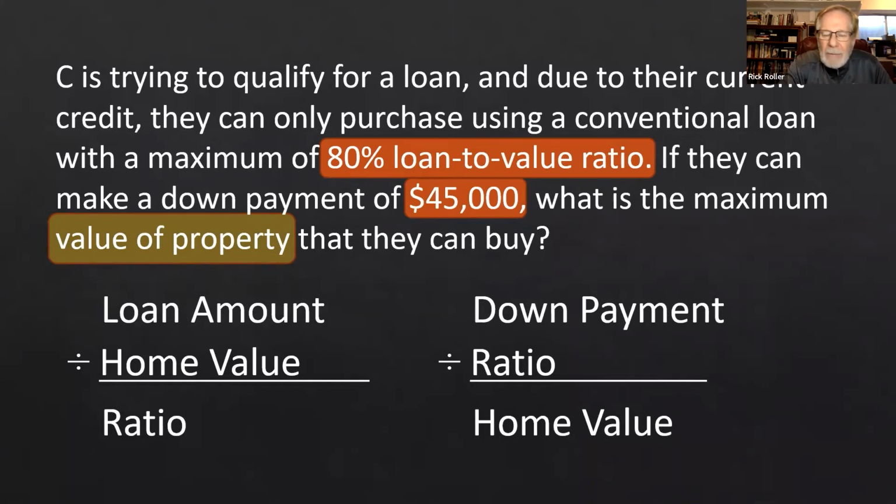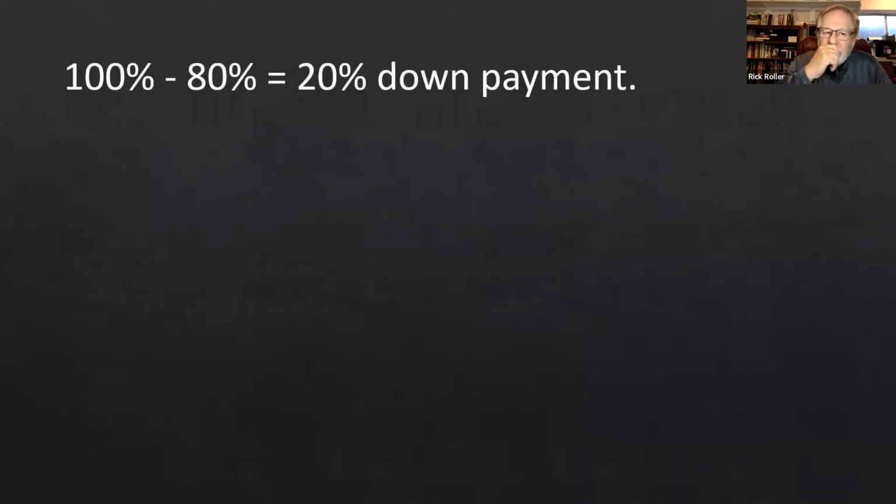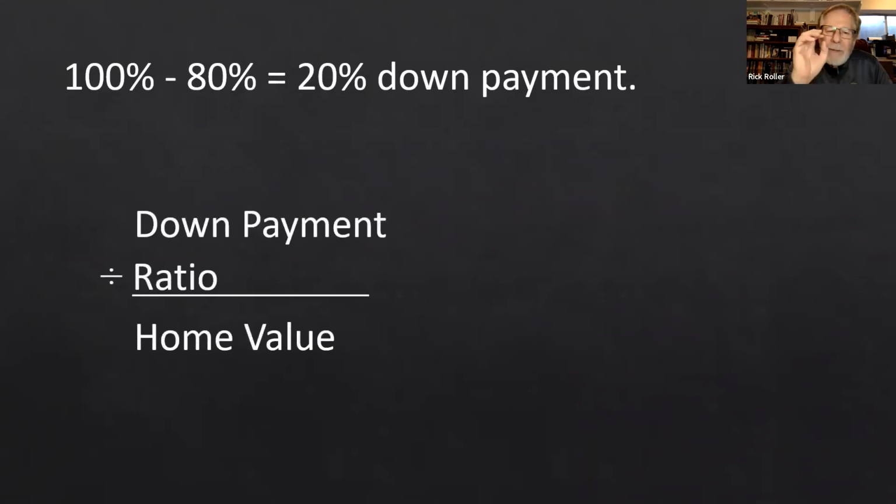They're going for an 80% loan, so that'll be helpful. But if you have the down payment divided by the ratio, that'll give us the home value. Now, what was the down payment? $45,000. But if it's an 80% loan, like I said, that would be a 20% down, wouldn't it? Okay.